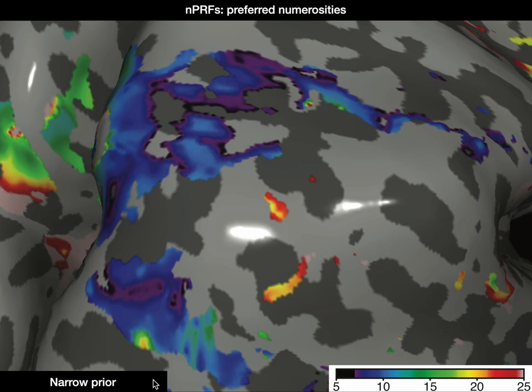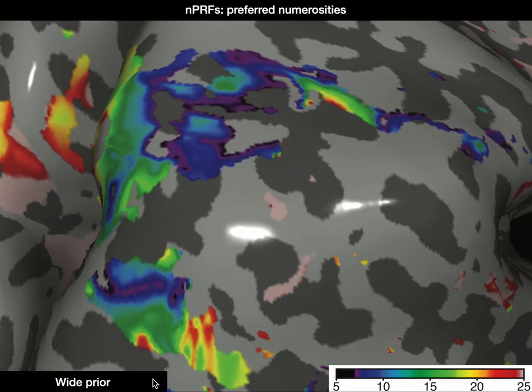So this is in the context of the narrow prior. But now if we look at the wide prior, we see that the colors have changed, and they've changed toward the warmer colors. So essentially the preferred numerosity of those neural populations has shifted toward larger numbers. And so this area over there is now yellow and red. So now it means that these neural populations are tuned to larger numbers, around 20, 25.